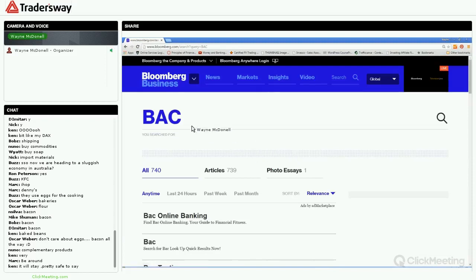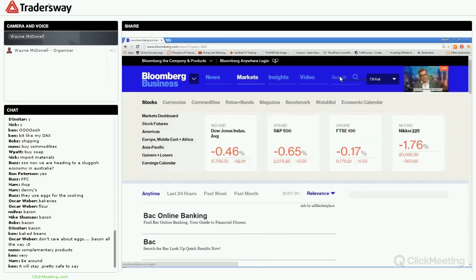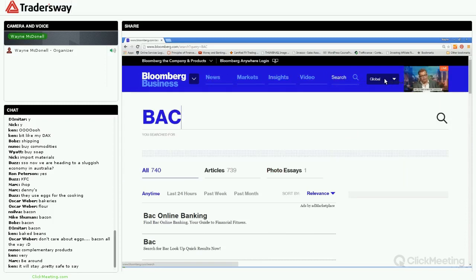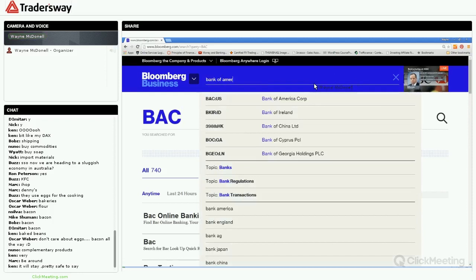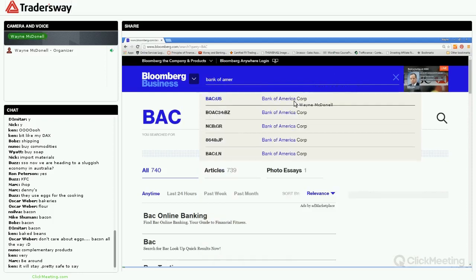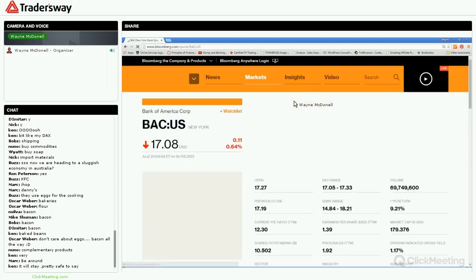What? Why doesn't it pull that up? What a dumb website. Come on. So there's a different one for stock prices. Bank of America. Come on. Oh, bank.us.